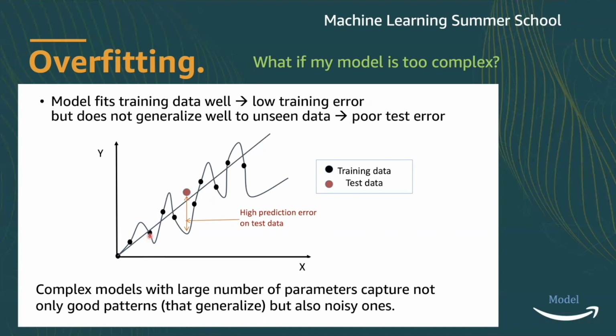So it has a zero error on the training data, and yet it has a higher error than the simpler x equal to y line on the test data point.